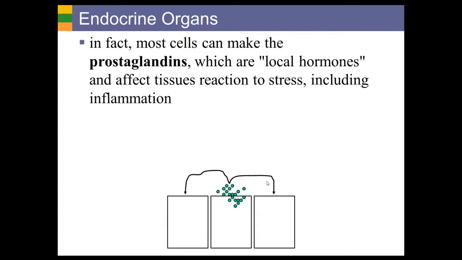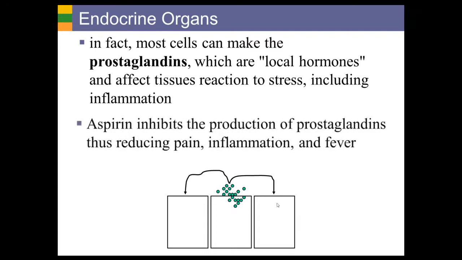And what they do is they cause nearby blood vessels or capillaries to become leaky, meaning that they allow more fluid to move out of those capillaries into the tissues. They also cause the nearby pain receptors to be activated, right? And of course, what does that do? That causes pain and inflammation, and sometimes fever.